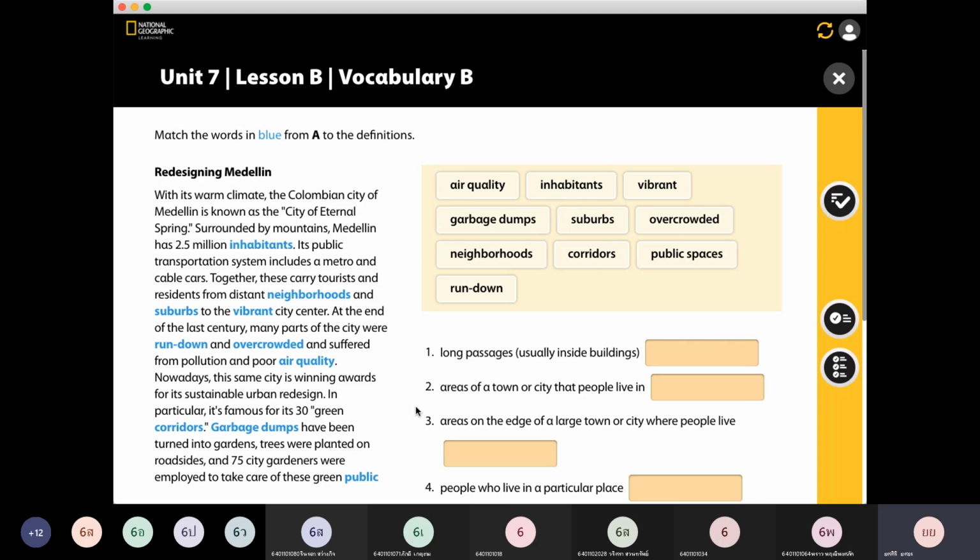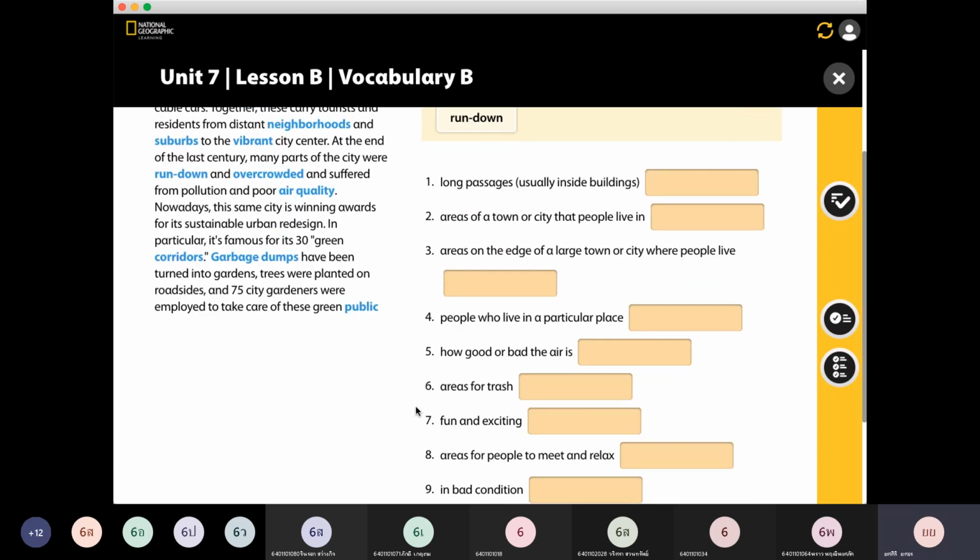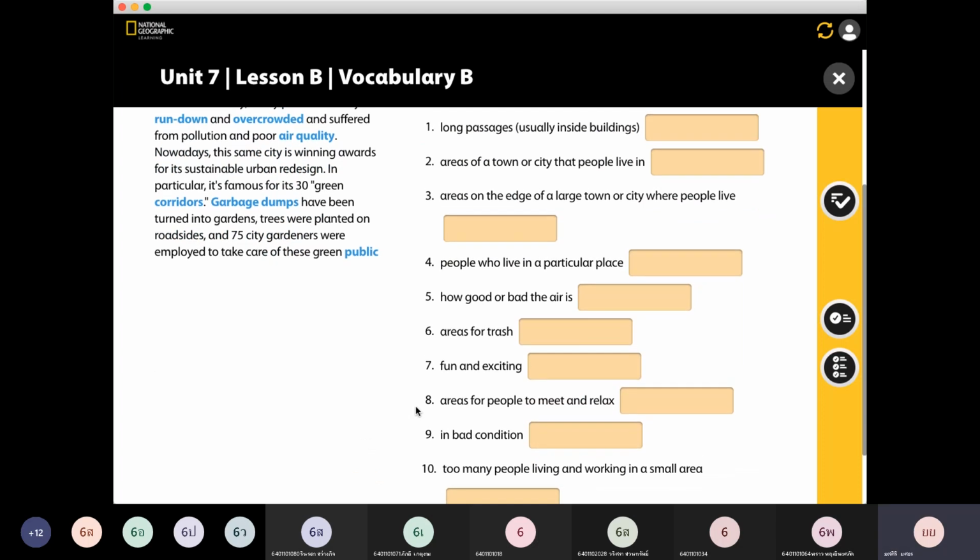Let's match the words with their definitions. Just spend some time first, and then we can share the answers with the class.